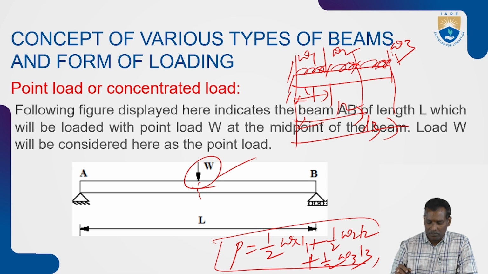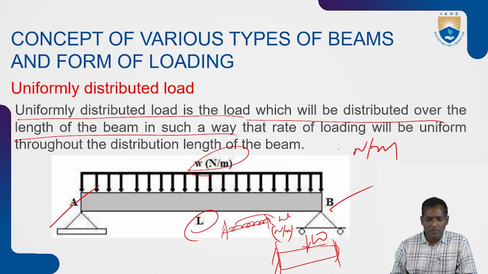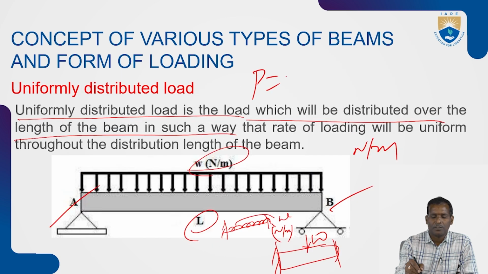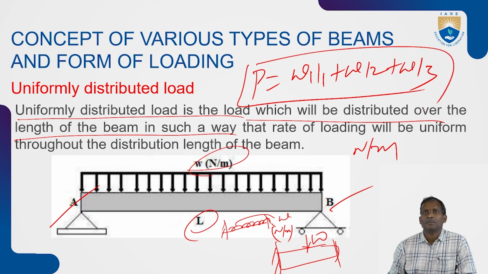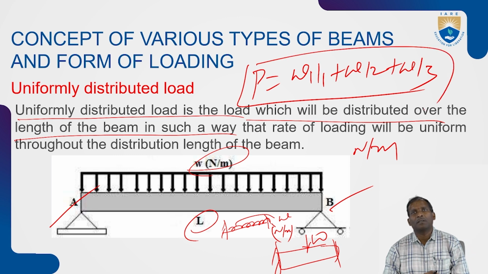In the case of uniformly distributed load, the total load is P is equal to W into L1 plus W into L2 plus W into L3. You need to multiply with the distance.